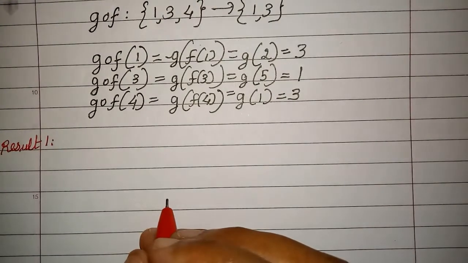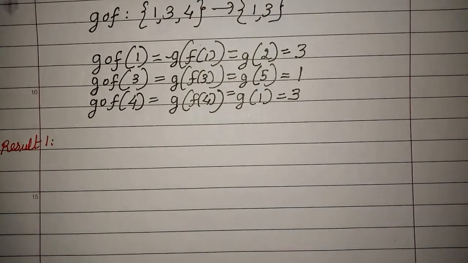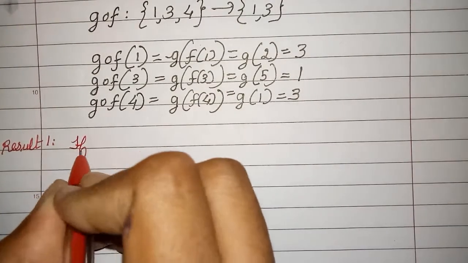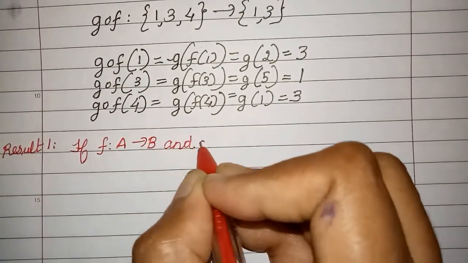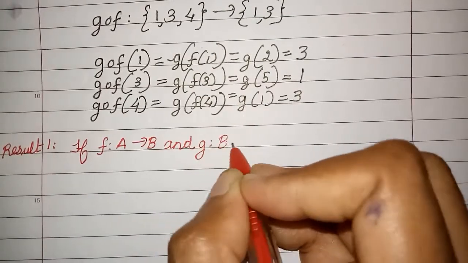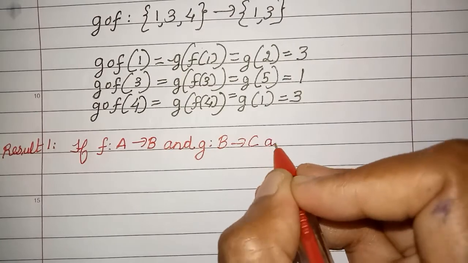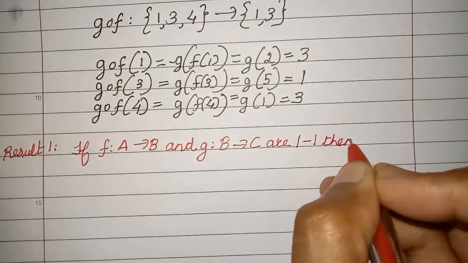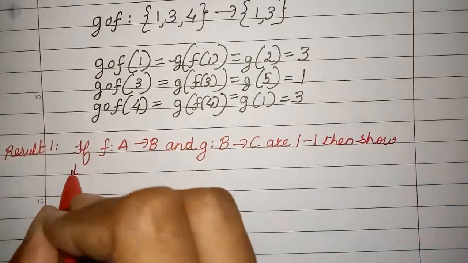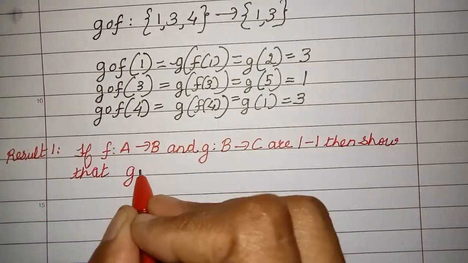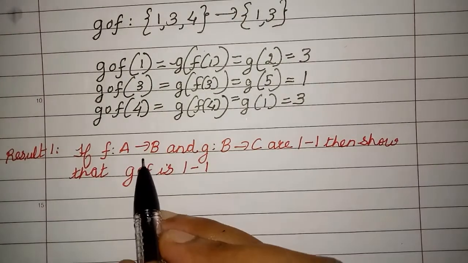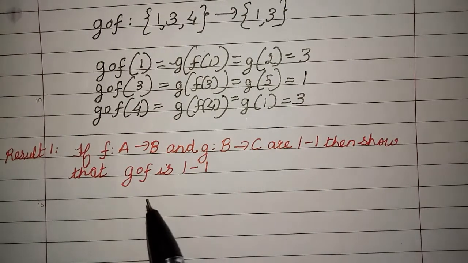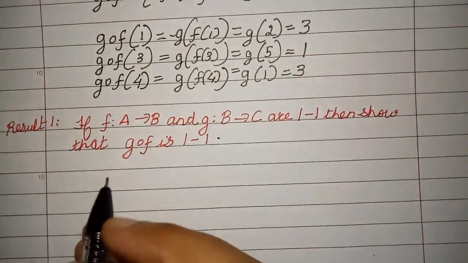Result number 1 says that if I have a function f from A to B and a function g from B to C, and both are one-one, then g composite f is one-one. So we have to show that g composite f is one-one.